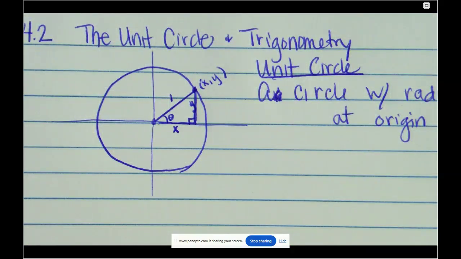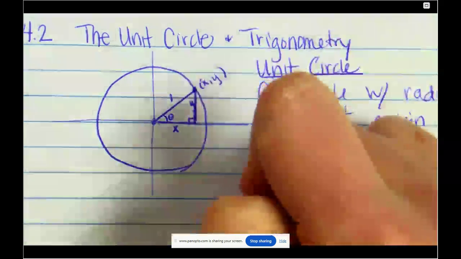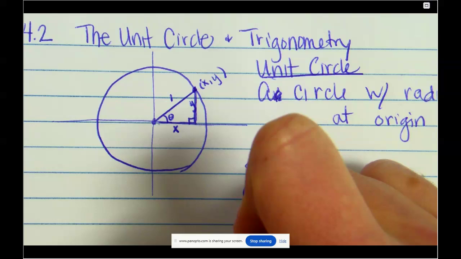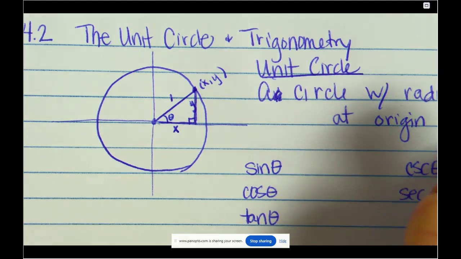Now, okay, here's where this gets a little bit weird. I would like you to find the sine of theta, the cosine of theta, the tangent of theta, the cosecant of theta, the secant of theta, and the cotangent of theta.